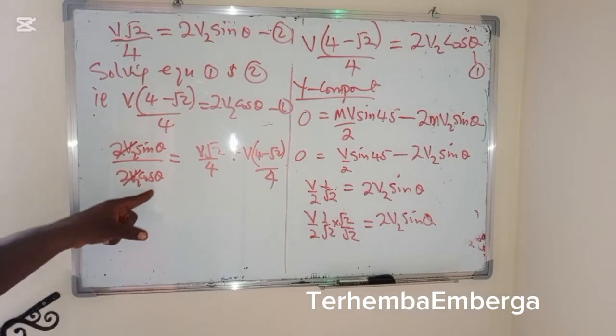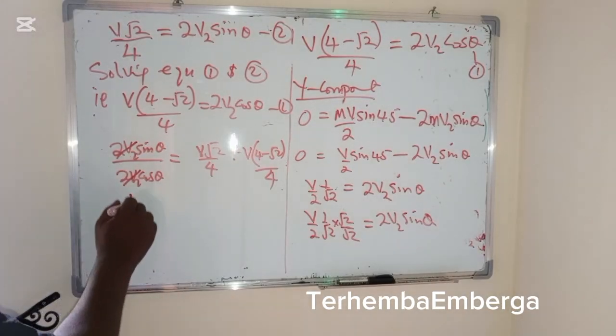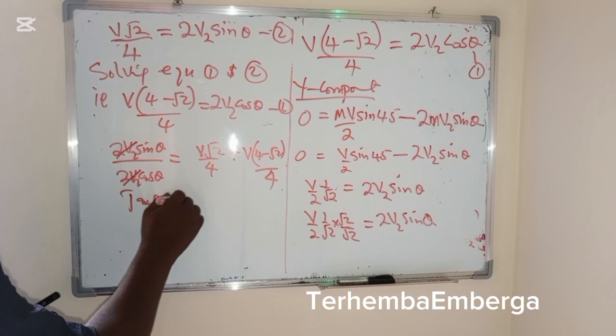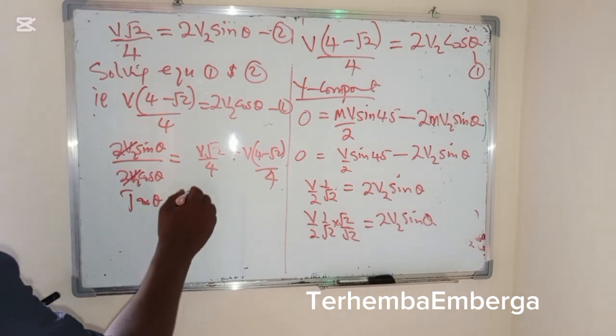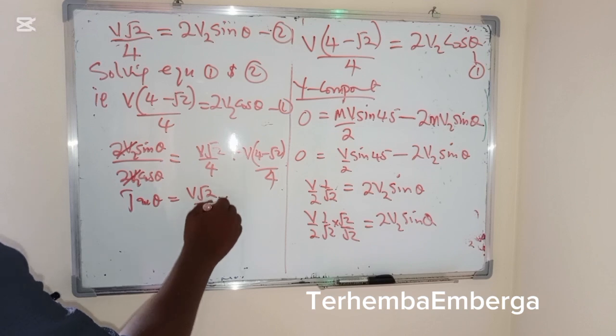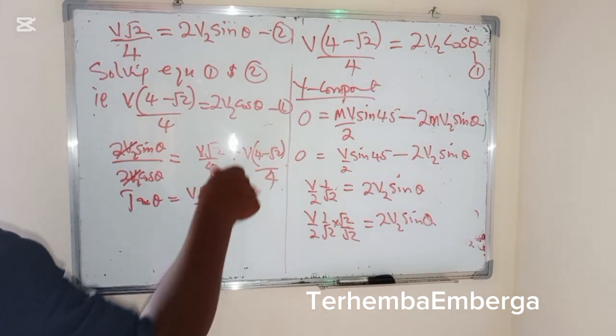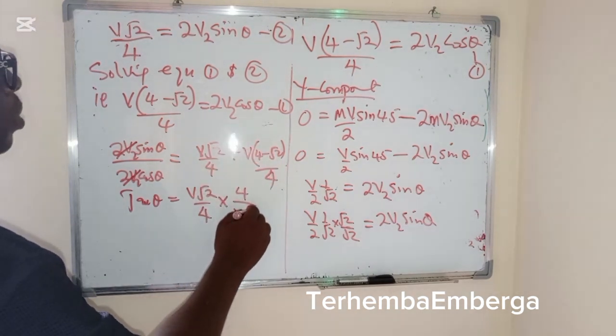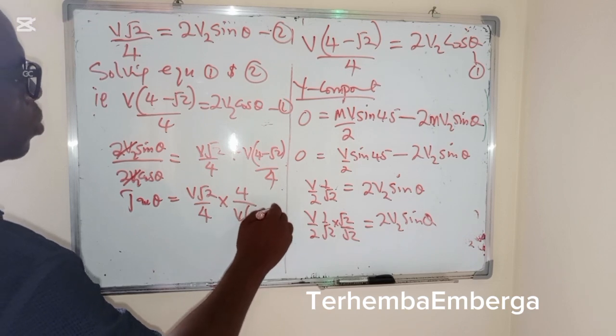And sine theta over cos theta is tan theta. So tan theta will be equal to v root 2 over 4 times 4 over v into 4 minus root 2.